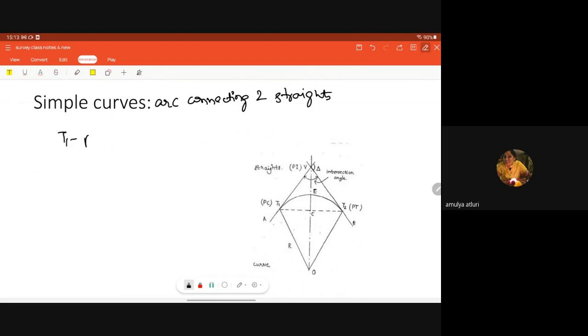T1 is nothing but the point of curve. V is nothing but the point of intersection. T2 is the point of tangency.